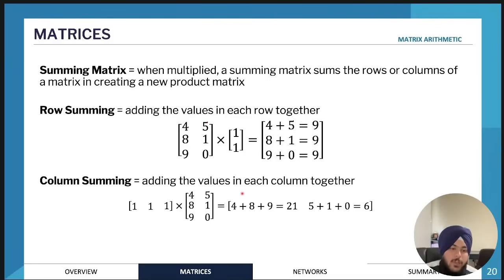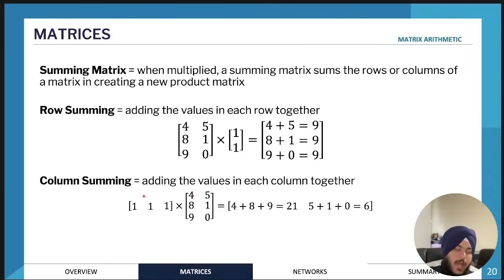However, if you want to sum up the columns, so 4, 8, 9, 5, 1, 0, if you want to add that up, what we would do instead is use a row matrix. So the row matrix would have the same number of columns as the number of rows that you want to add up. So in this case, we want to add up 1, 2, 3 rows.